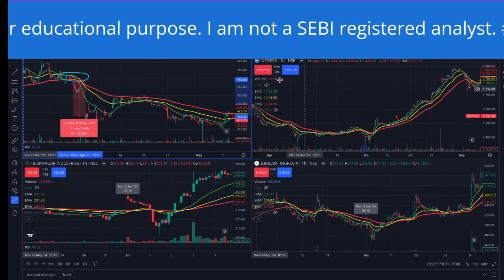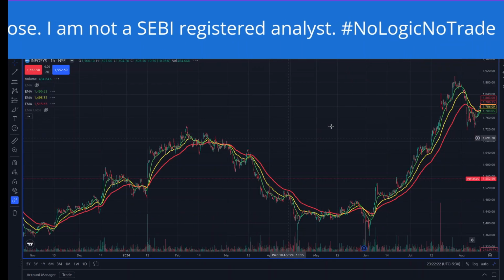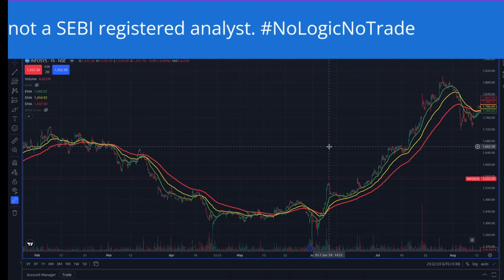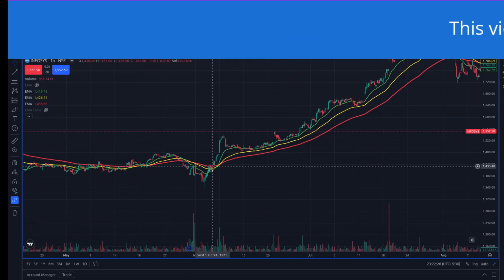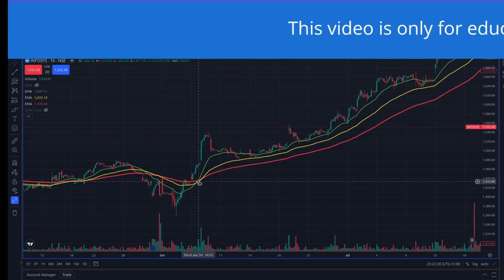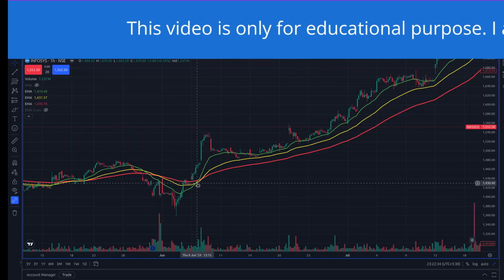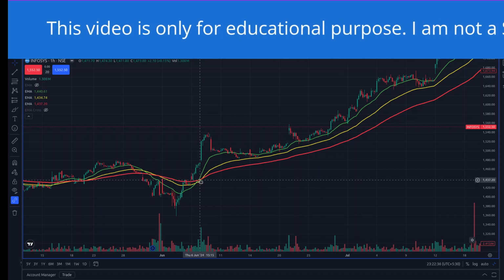Similarly, if we analyze, let's say, Infosys on the same logic, here we see that the price movement starts crossing EMA 20, and then EMA 20 starts crossing EMA 50 and EMA 100.